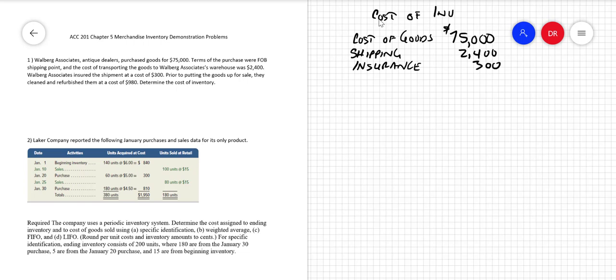And then finally, they have cost of preparing them for sale of $980. So the cost of cleaning and refurbishing, etc., is $980. We wind up then with a total cost for these goods of $78,680.